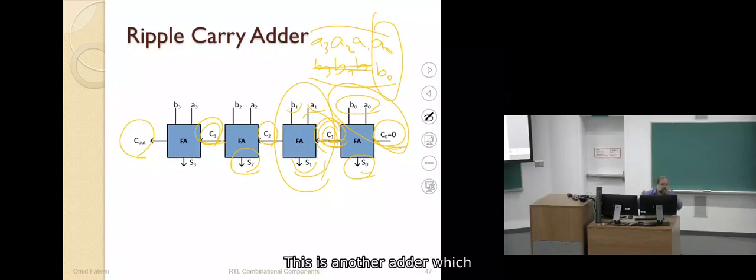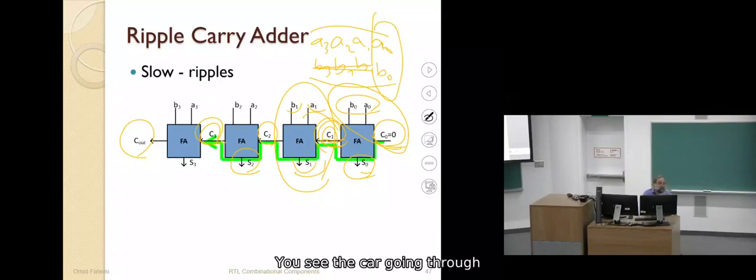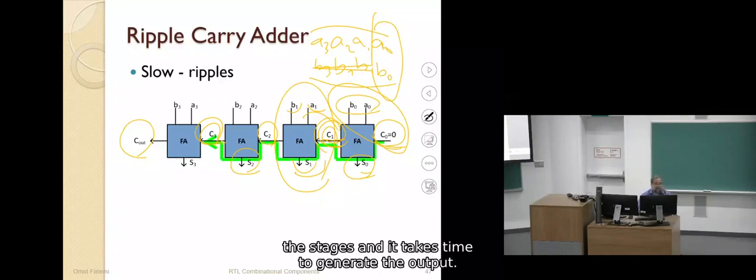This is another kind of adder which we don't discuss in our course. But there are different structures for adder which would be faster. But this ripple carry adder is very simple, and it is slow. You see the carry going through the stages, and it takes time to generate the output.